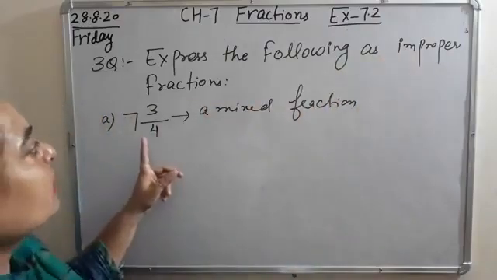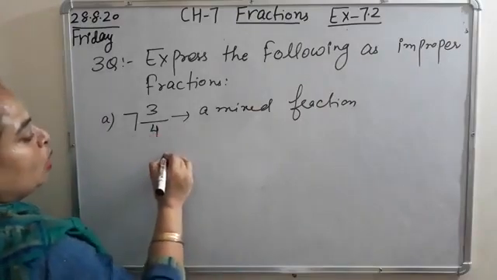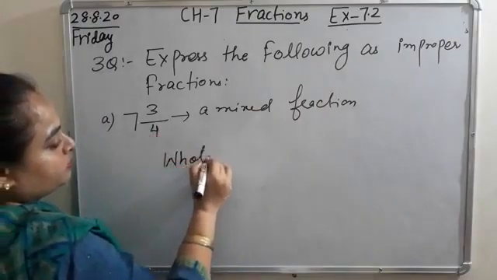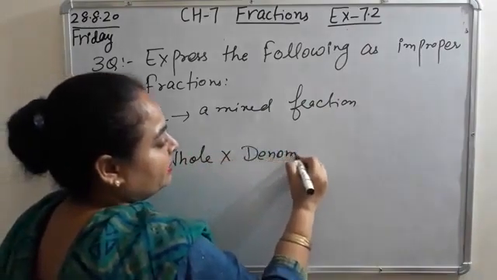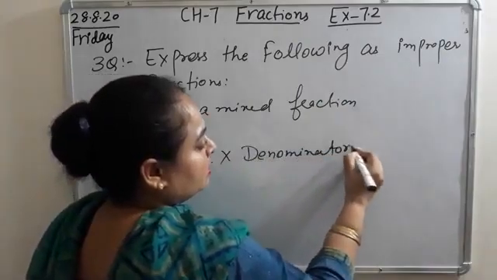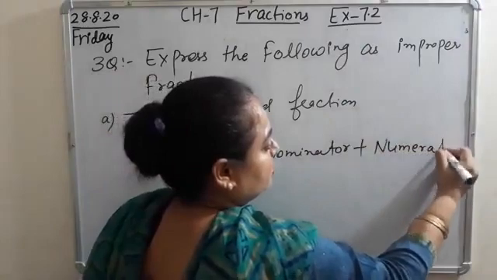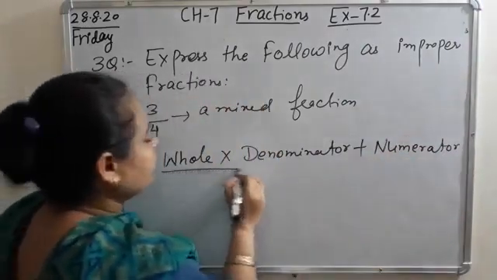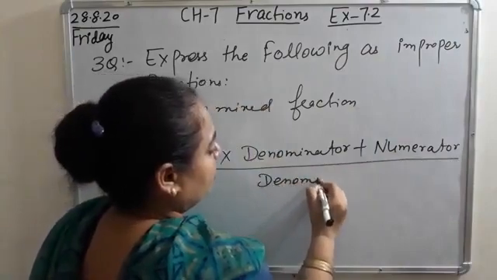To convert this to the improper fraction, we will apply the formula: whole multiplied by denominator plus numerator, divided by denominator.